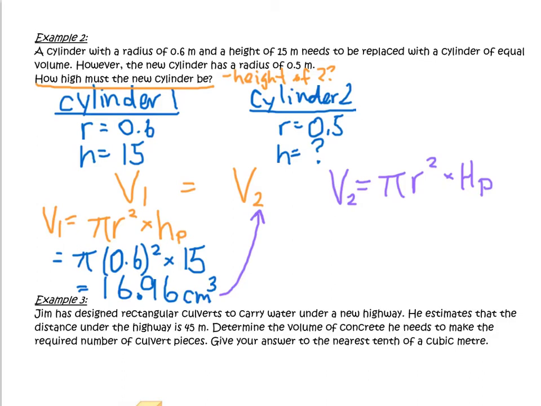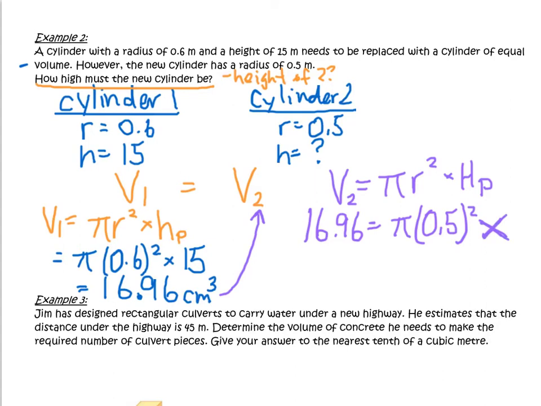The information that we do know is that volume is 16.96, which is equal to pi times the radius, which was 0.5 squared, times the height of the prism, which we don't know, so what should we use? We should use a variable, x.